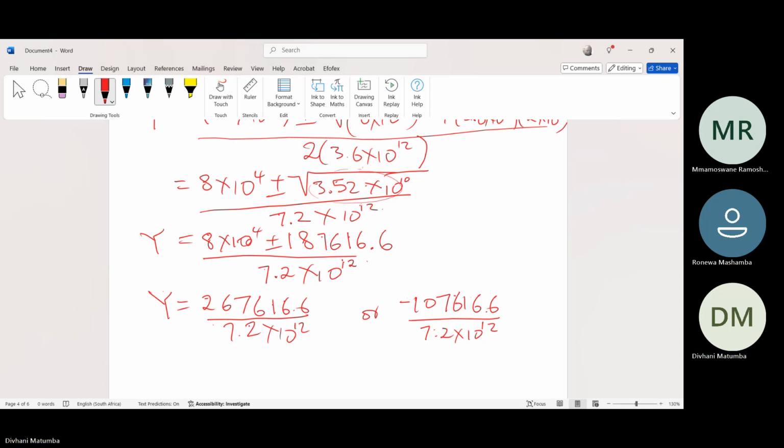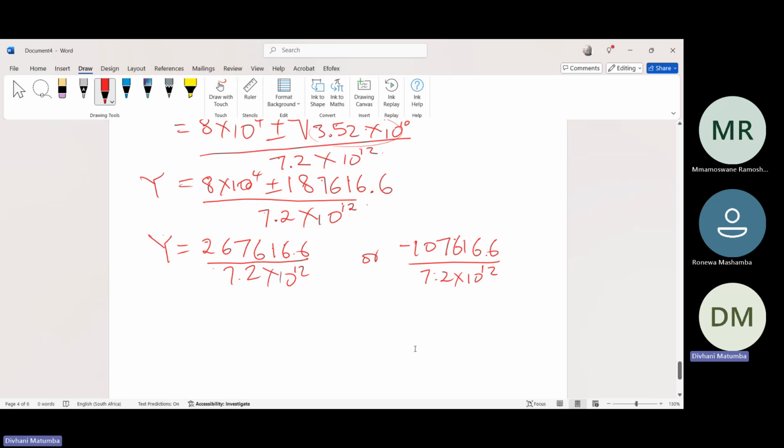So the value that I'm getting was 3.7 times 10 to the power of minus 8 coulombs, or minus 1.5 times 10 to the power of minus 8 coulombs.